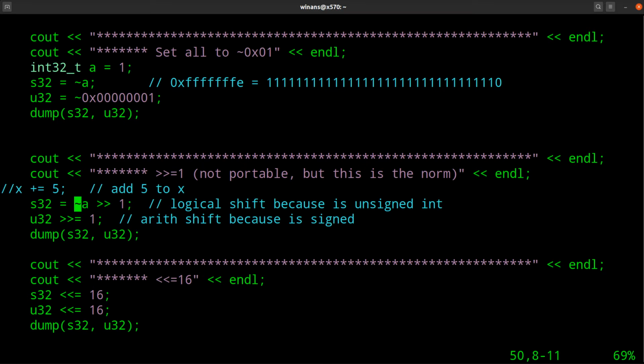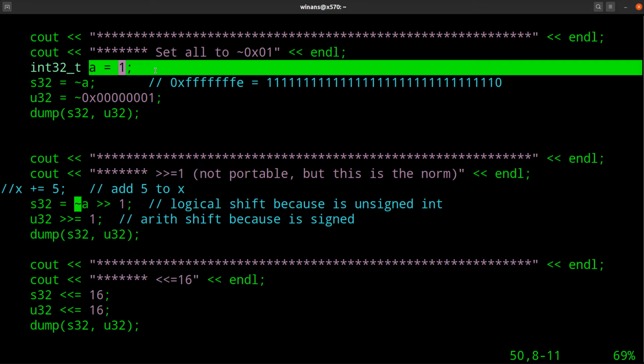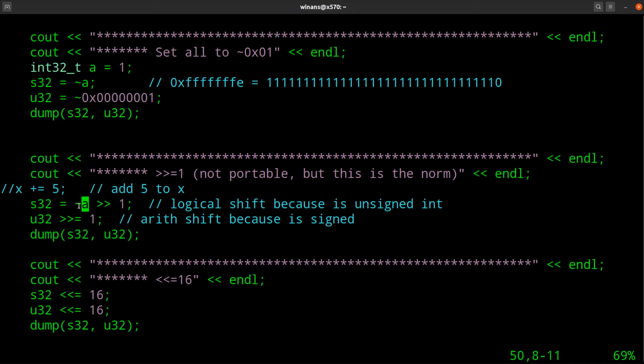All right, so what have I done here? I suggest it's the same thing as I'm doing down here. A is the value 1. Okay? So tilde A is this value here. And then I'm shifting that right once.